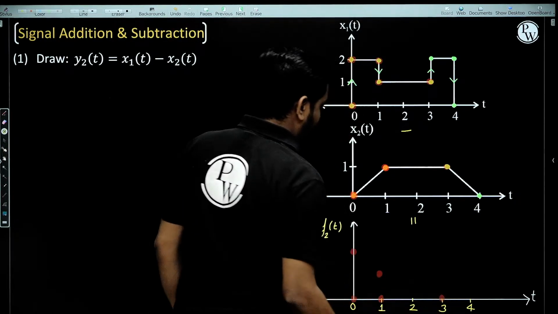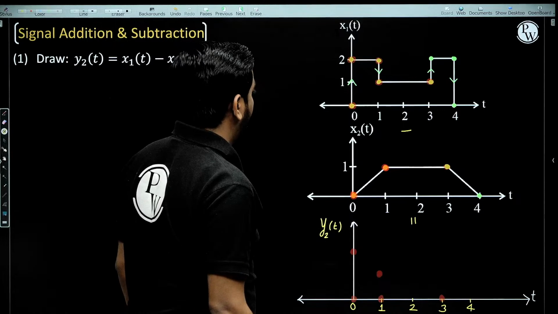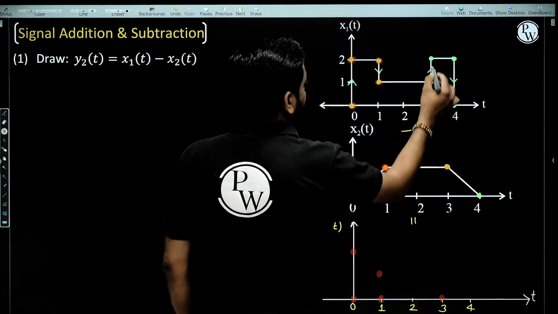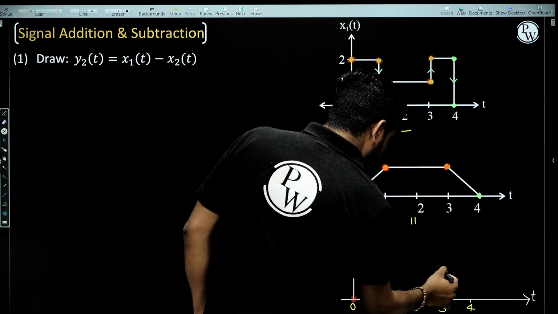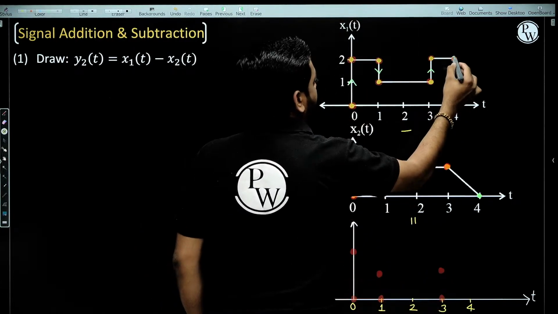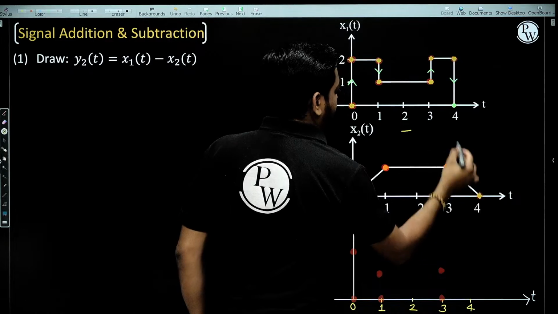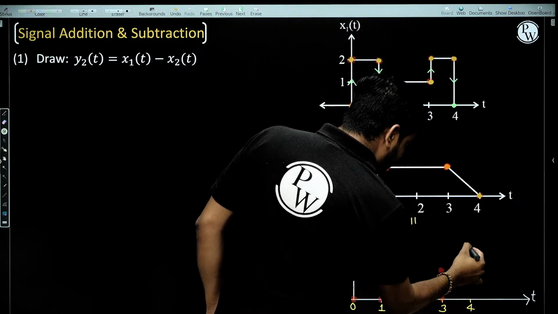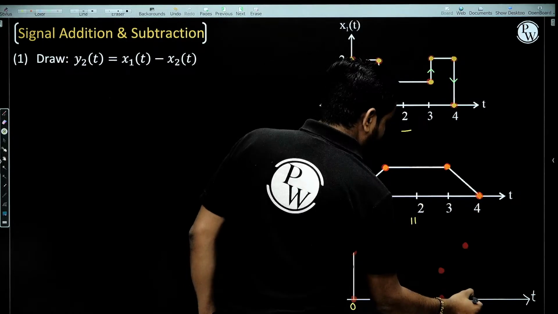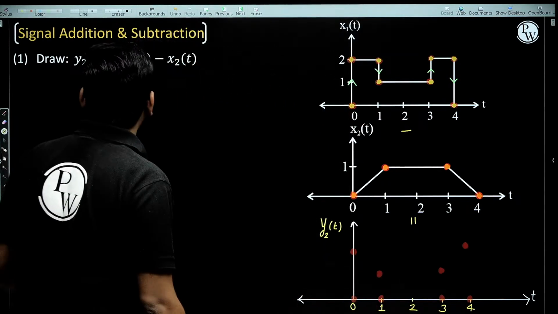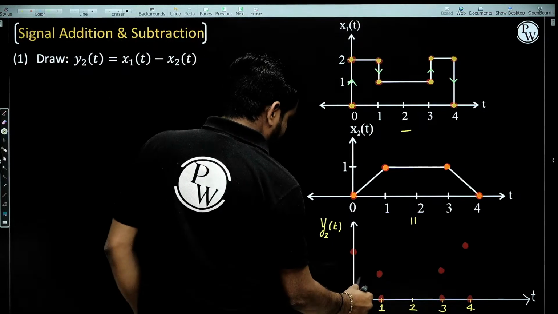Then 2 minus 1 is 1, next 2 minus 0 is 2, next 0 minus 0 is 0. So the resultant signal will be like this.